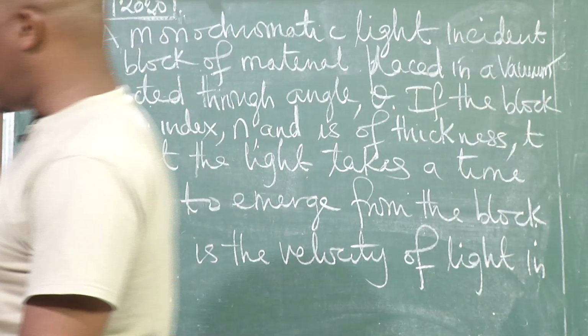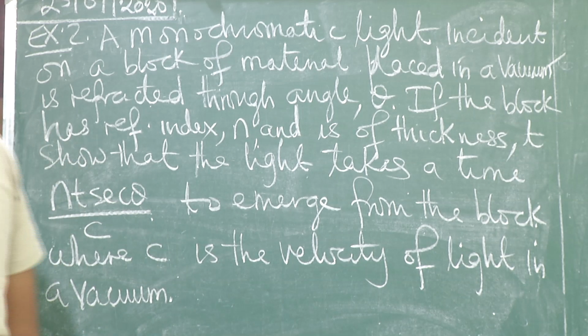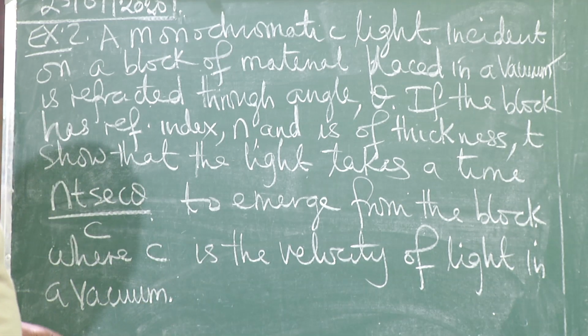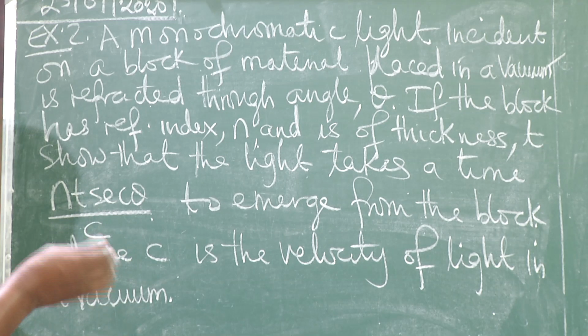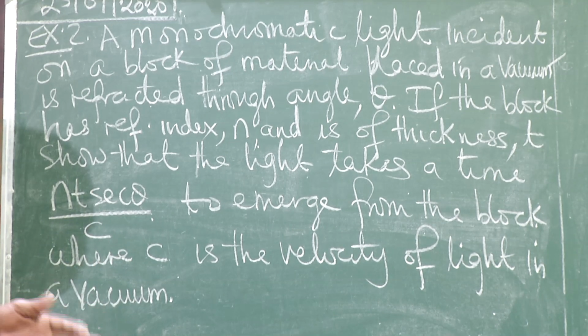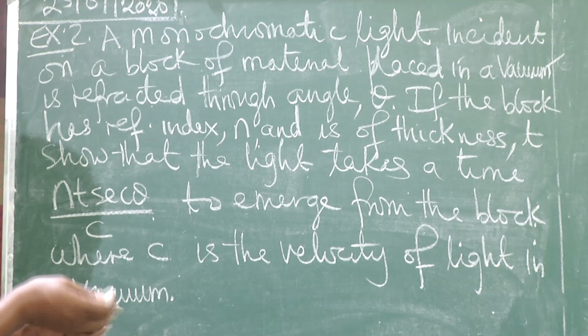The question says that a monochromatic light incident on a block of material placed in a vacuum is refracted through angle theta.